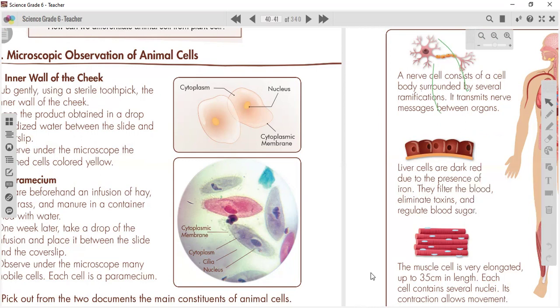What's the meaning of multicellular organism?